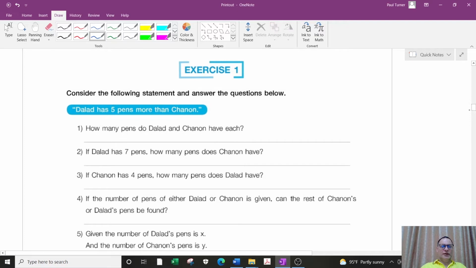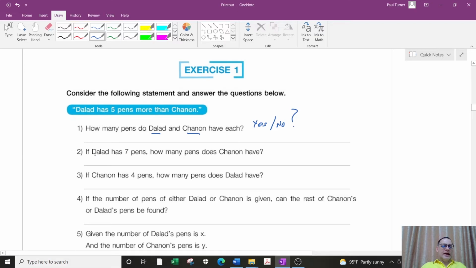In exercise 1, let's think a bit about this. It's a statement. Dillard has 5 pens more than Chinon. Okay, so can we say how many pens Dillard and Chinon have each? So in this case, you have to answer yes or no. Just from that statement, can we tell how many they have each?